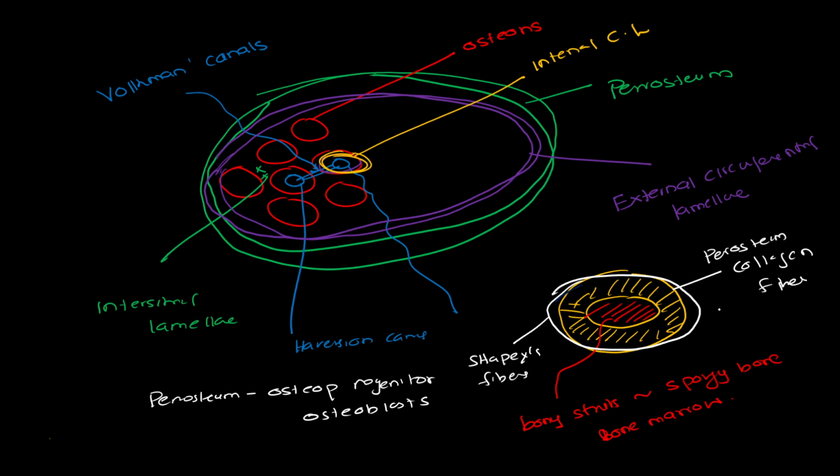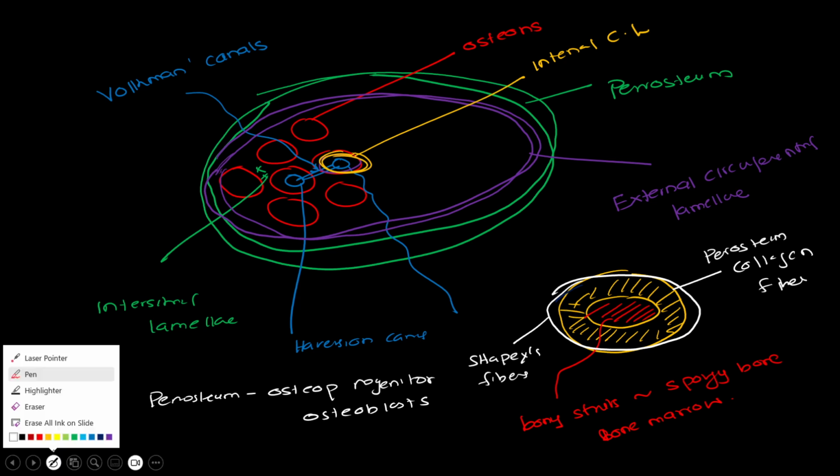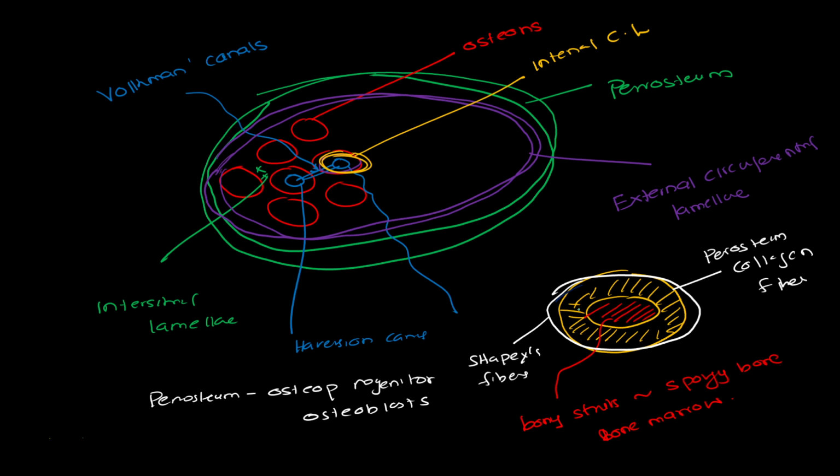In addition to this, now you would see there is also a small layer which I would like to show in some other color. Let's take blue. So there's another layer inner to the periosteum.